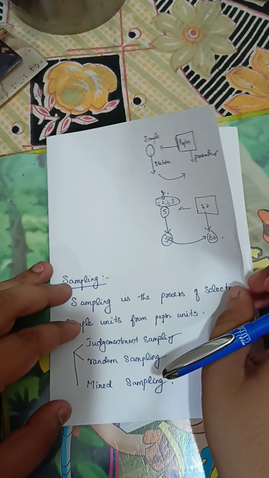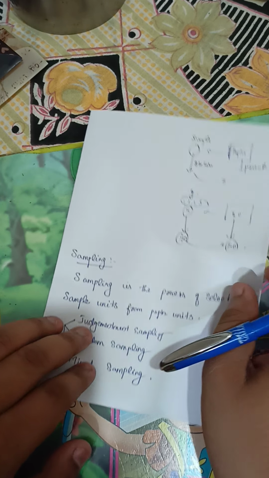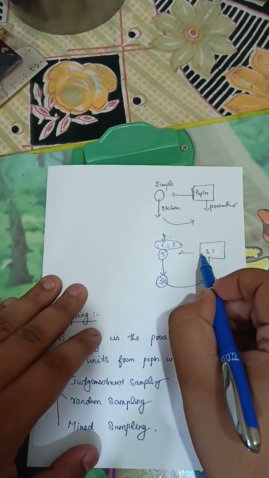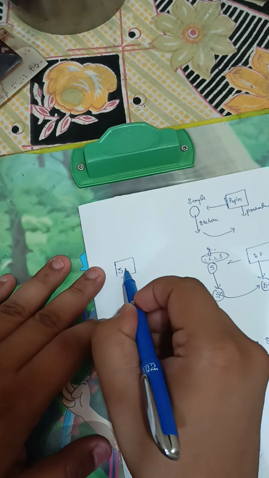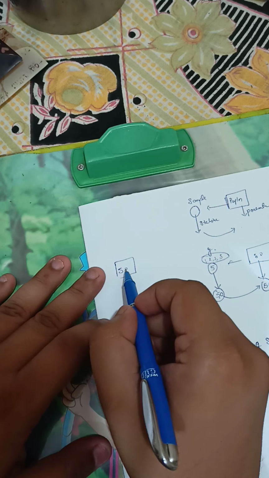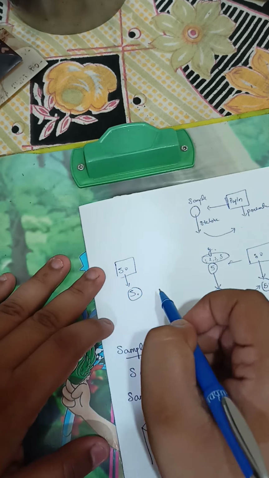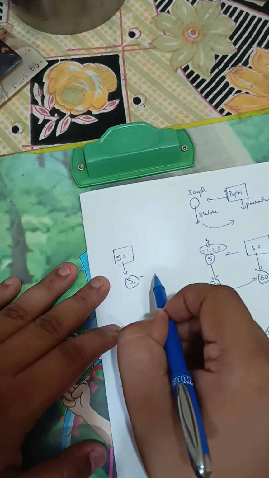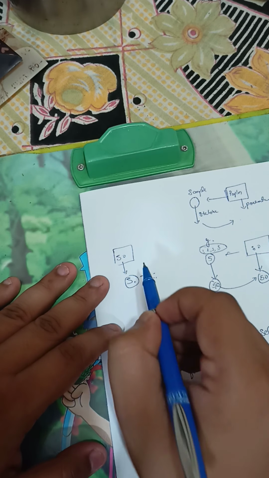Coming to judgment sampling, what happens here is that you have a basic idea about your population. If you have a class of 50 students and you know all the marks of the 50 students, you take 5 students in such a manner that you take the lowest one, the highest one, and 3 students in the medium range.